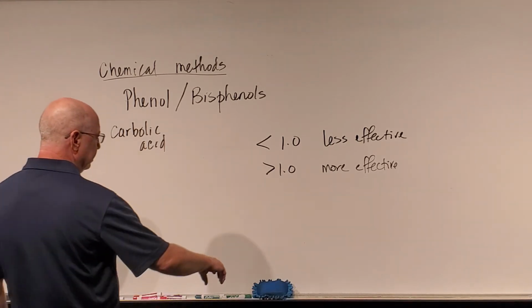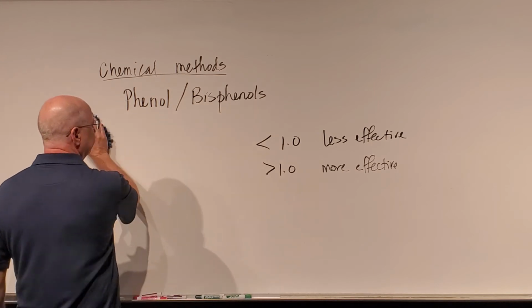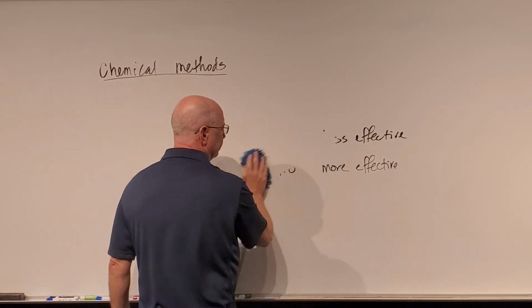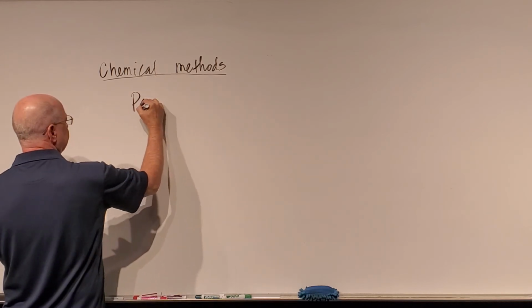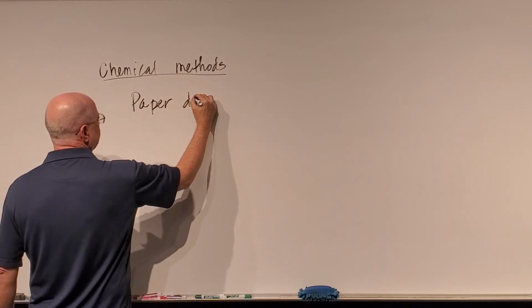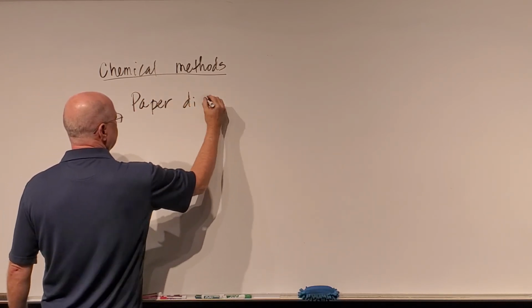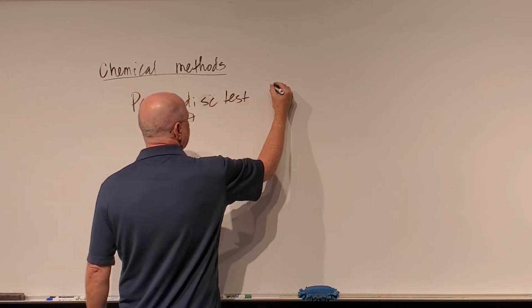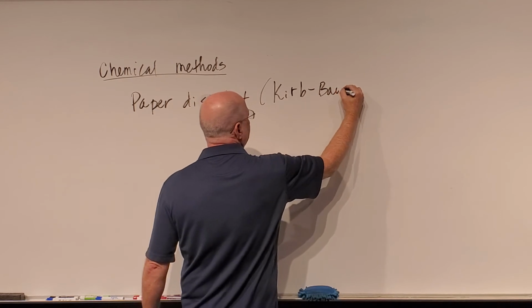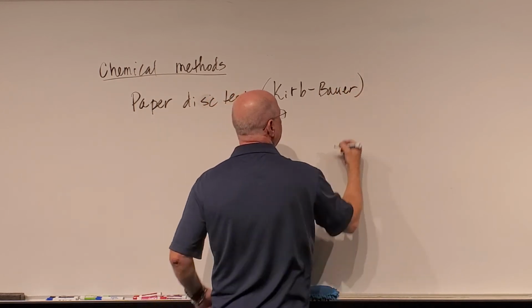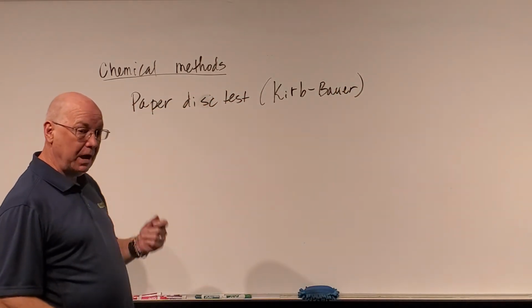Another way that we can look at how chemicals are effective is what's called the disc test or the paper disc test. Okay? And some people call this the Kirby-Bauer measurement. Okay, the Kirby-Bauer test.